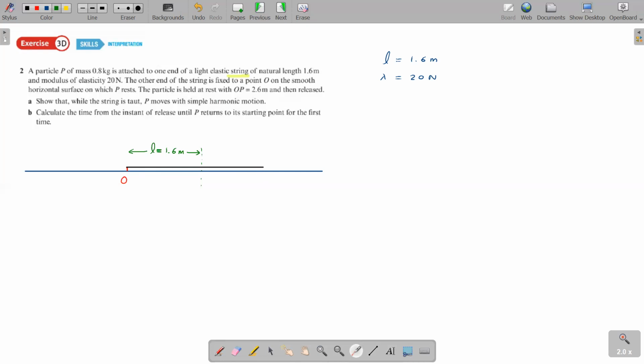Guys, what have we done here? If OP is 2.6 meters, what have we done to this elastic string? We have pulled it, right? We have an extension here.